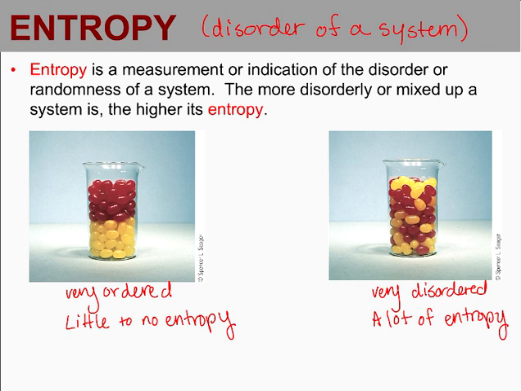So it's not very likely, for instance, that we would spontaneously find a system where the jelly beans have ordered themselves into yellow versus red. What's more likely is we would find a system where everything's mixed together. And reactions are the same. Reactions are going to go towards more disorder typically.